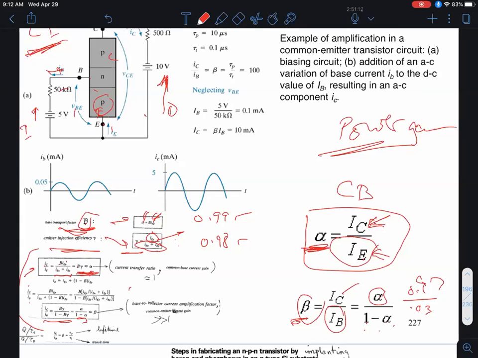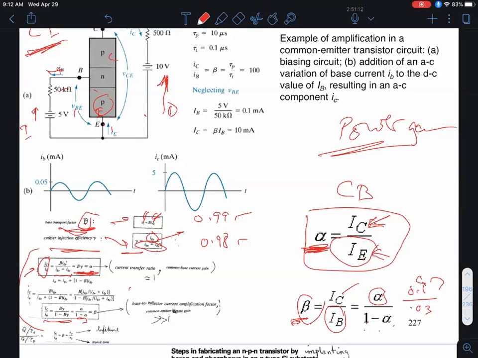Okay, so alpha, which by definition is this ratio, works out to the product of the base transport factor times the emitter injection efficiency. Now, both B and gamma are going to be pretty close to 1, maybe 0.9998. So alpha is also going to be close to 1, but has to be less than 1. In other words, in the common base mode, you don't really get a current gain. In fact, you have a little bit of current loss, all right?